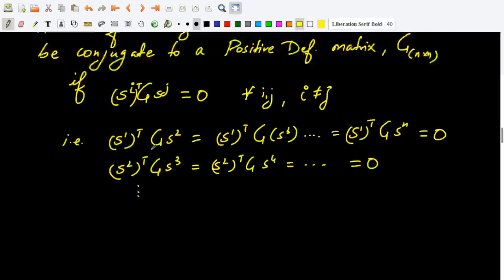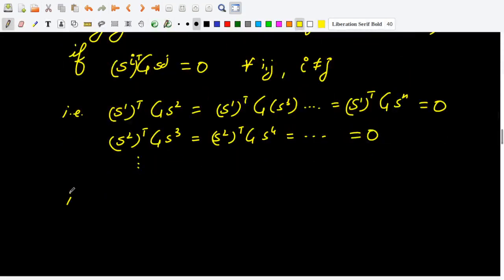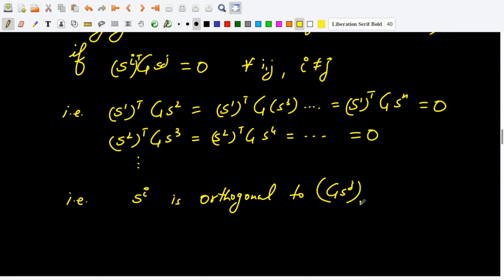What it means is Si is orthogonal or perpendicular to G Sj. So G Sj is a vector just like S. It is of size n cross 1. So recall that orthogonality means Si transpose Sj is 0.